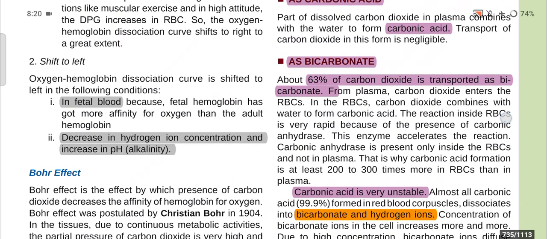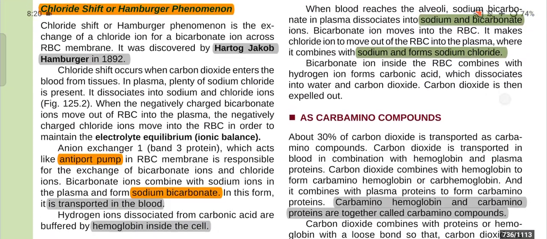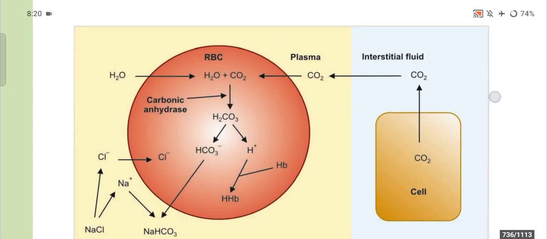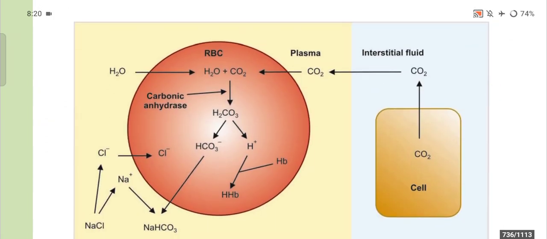Now, as bicarbonate, 63% of the carbon dioxide is transported by this mechanism. Now, we will discuss the mechanism. The cell excretes carbon dioxide which comes to the plasma, and then it goes to the RBC. With the help of water, it forms H2CO3 or carbonic acid with the help of carbonic anhydrase, and it dissociates into H plus and bicarbonate ion.